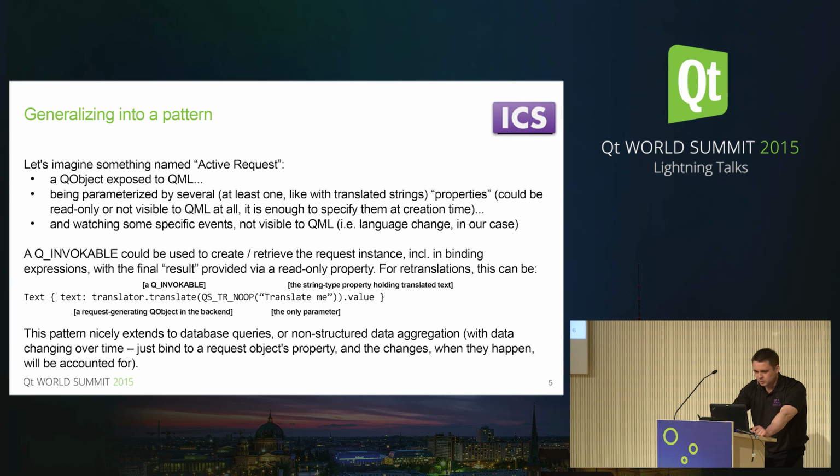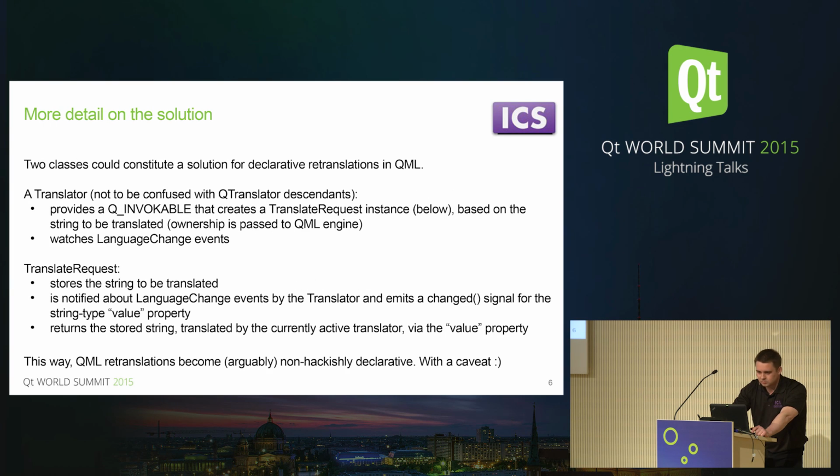So we will see the code in just, essentially like a minute. And we have 6 left. So the solution could be creating 2 classes, basically. One, which I named Translator, which unfortunately conflicts with QTranslator and its descendants, but it probably is a better name than something named like QS with a tier property, right? For qsTr to match the original qsTr.